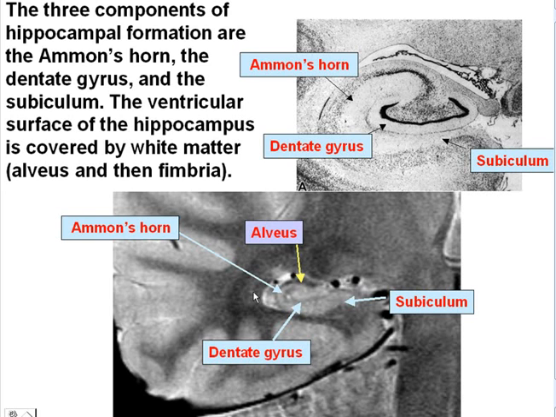You can see in this MRI study the parahippocampal gyrus, and the superior portion of the parahippocampal gyrus is the subiculum, and it turns around, which is the Ammon's horn, and is received by the dentate gyrus. The surface of Ammon's horn is covered by white matter fibers called the alveus.